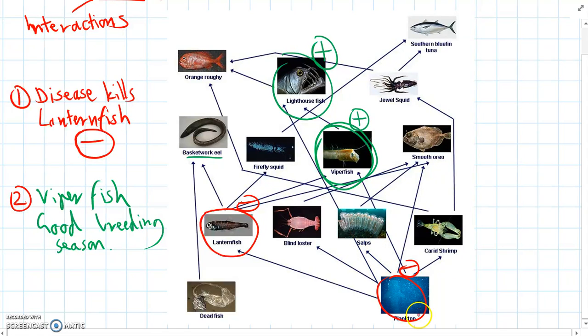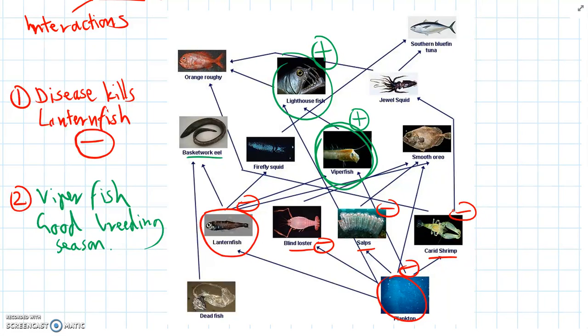But then also looking at the animals that eat the plankton, so the first order consumers, the lobster, the salps, and the shrimp, they will probably go down in number as well because they have less food to eat in this case.